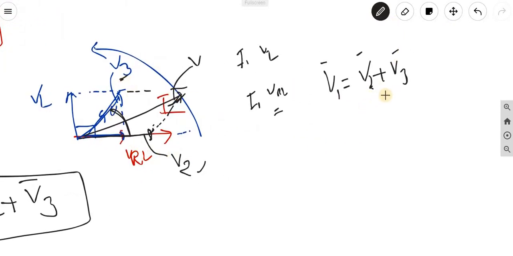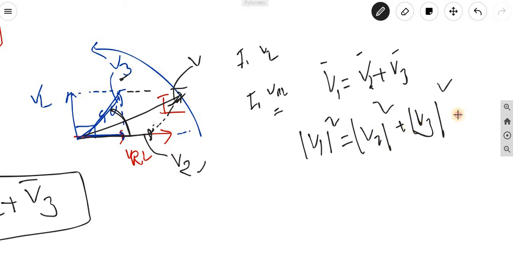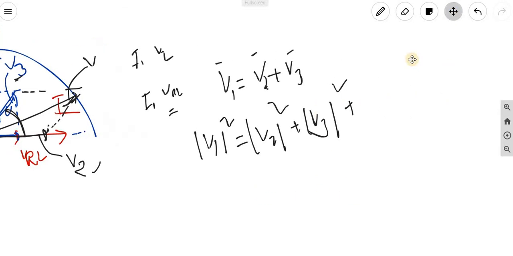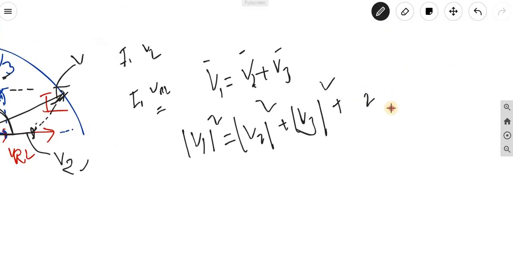As we know, for the angle between these, the magnitude square is V2 square plus V3 square plus 2 V2 V3 cos theta. So what is this theta?